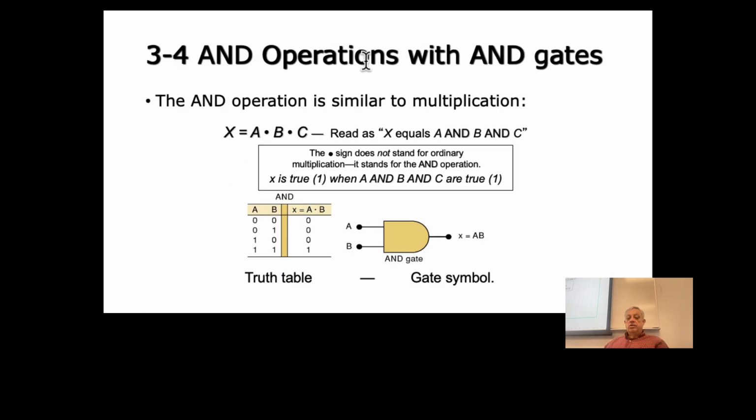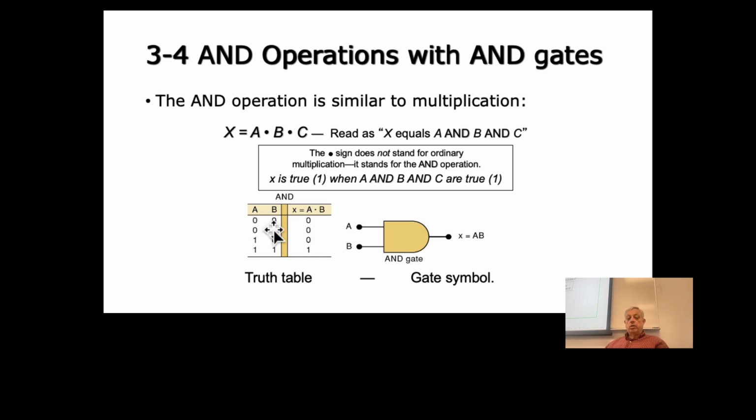The AND gate is equivalent to multiplication. So X equals A and B and C. This is not just multiplication, this is the AND operation. So A and B: A is 0, B is 0, A and B is a 0. A times B is a 0.